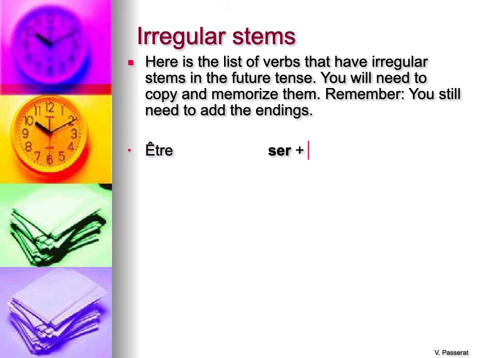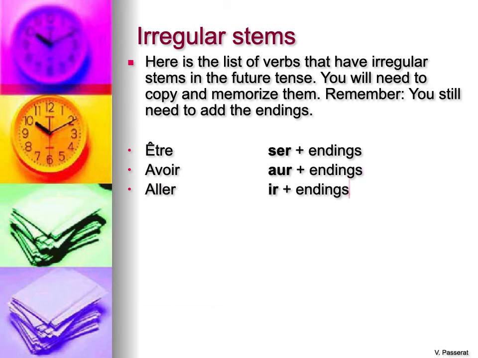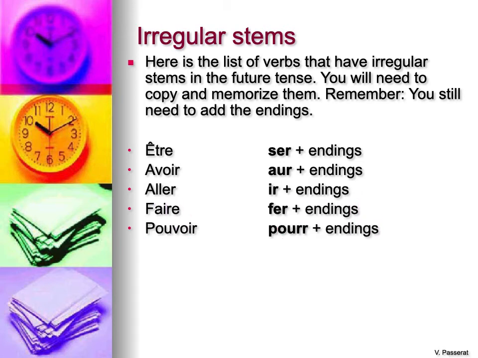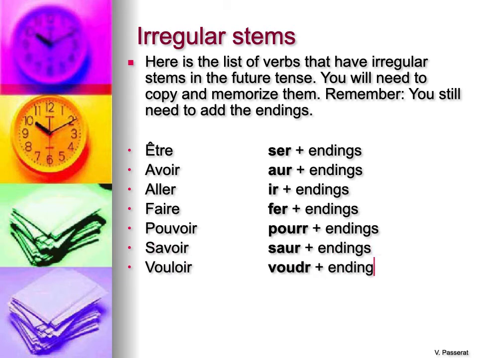So we have être, which is ser, avoir, which is aur, aller, which is ir, faire, which is fer, pouvoir, which is pourr, savoir, which is saur, vouloir, which is voudr.